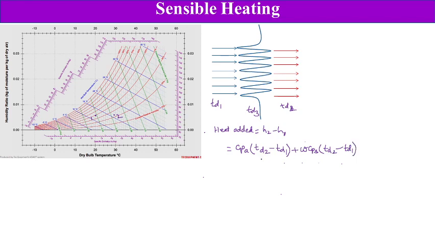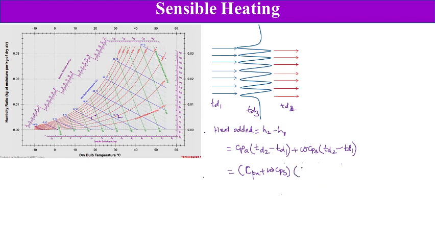So this again can be rewritten as CPA plus omega CPS, so this TD2 minus TD1 is taken as common.